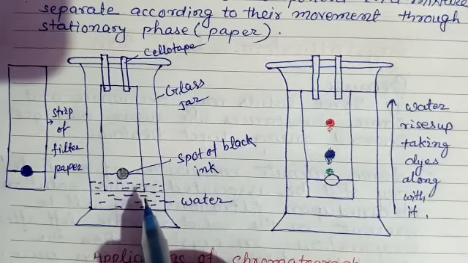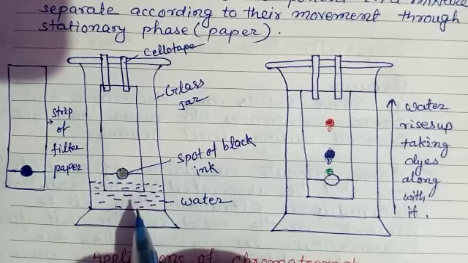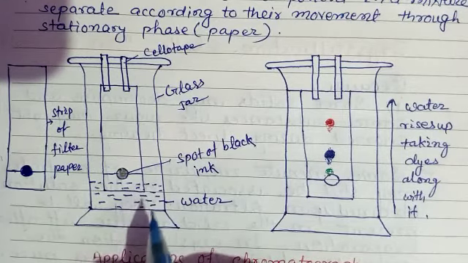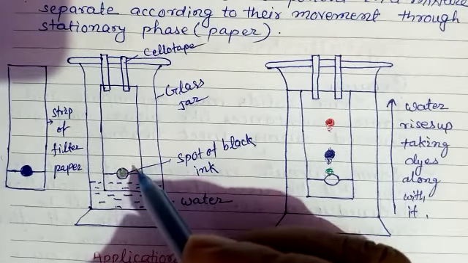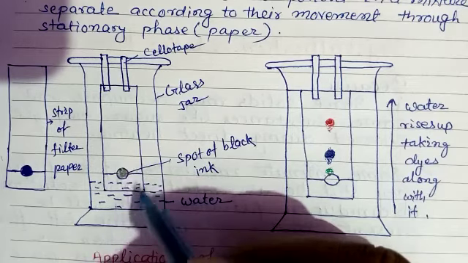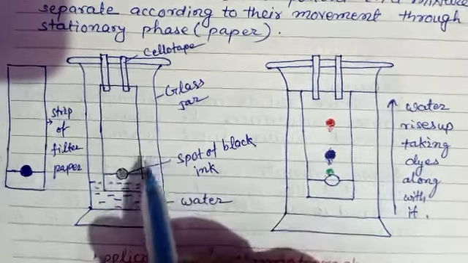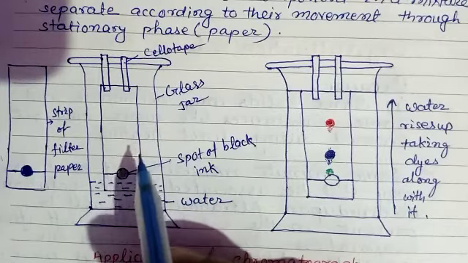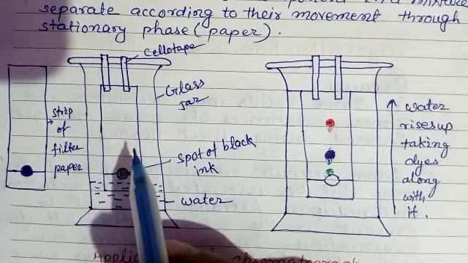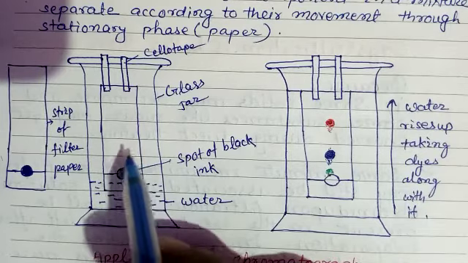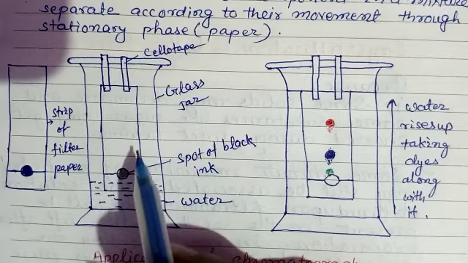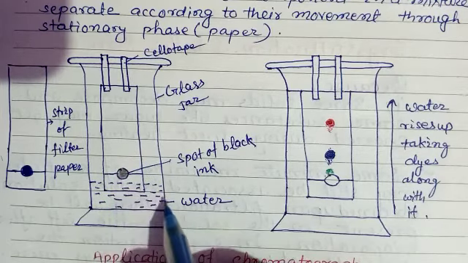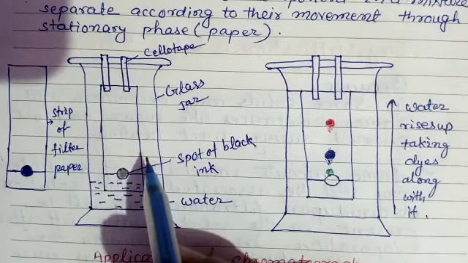And then the water gradually rises up. It will start rising up the filter paper strip by capillary action. You might have seen at home, sometimes if you hang a cloth on a hanger, and by chance the lower end of the cloth comes in contact with water, slowly the cloth will get wet.